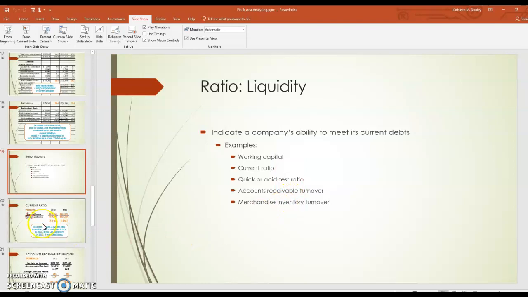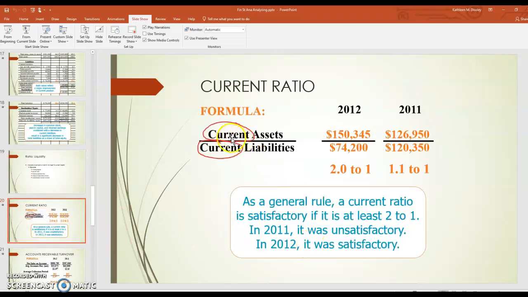The current ratio has a formula of the total current assets divided by the total current liabilities, and puts it into a ratio format. So for our French Connection Importers that we've been looking at, their total current assets is 153.45 for 2012, and we divide that by the total current liabilities.